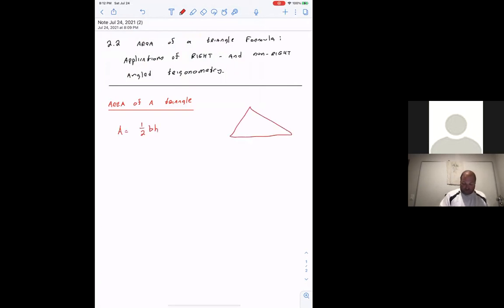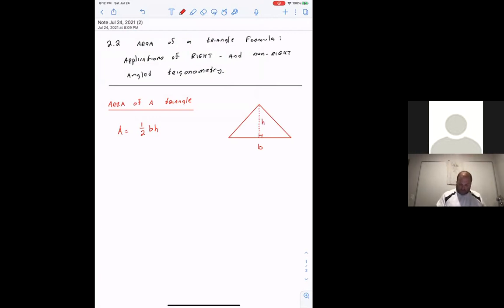So if you have a triangle, oh, that's a horrible triangle. Let's try it again. If you have a triangle, maybe a right triangle, maybe not, and you have one side, let's call it the base, and then you have the length from the opposite vertex down to the base, called the height.